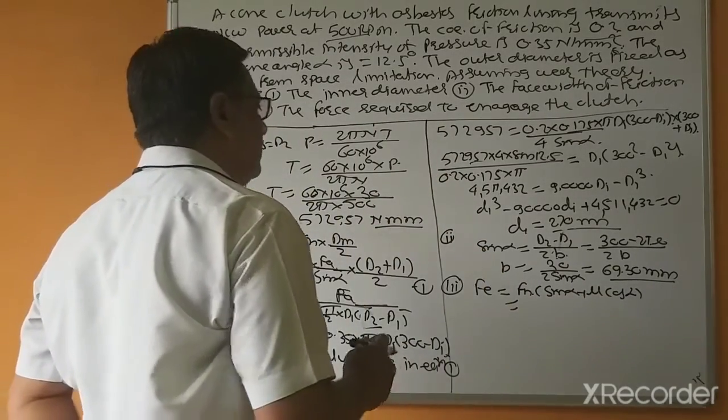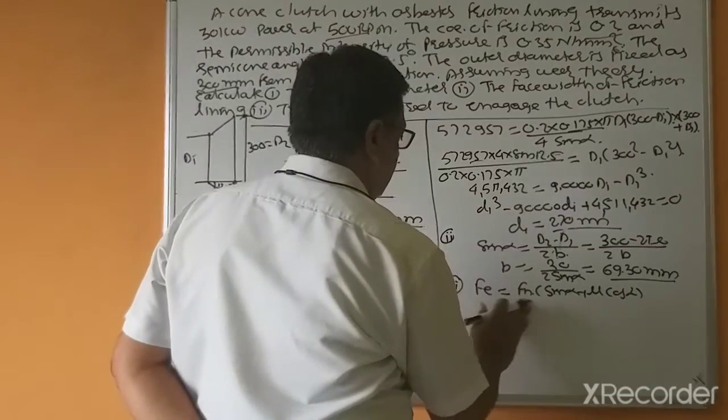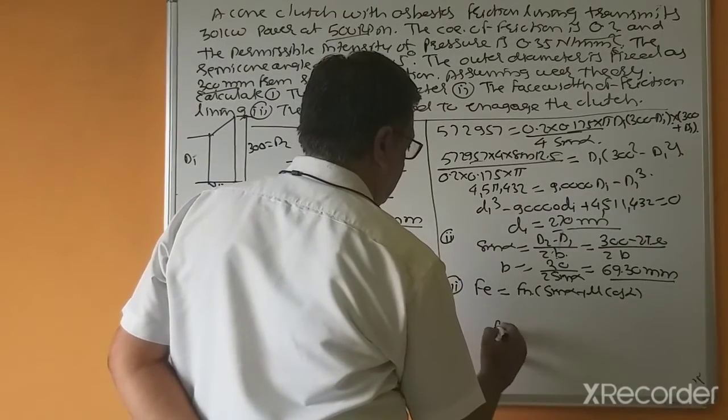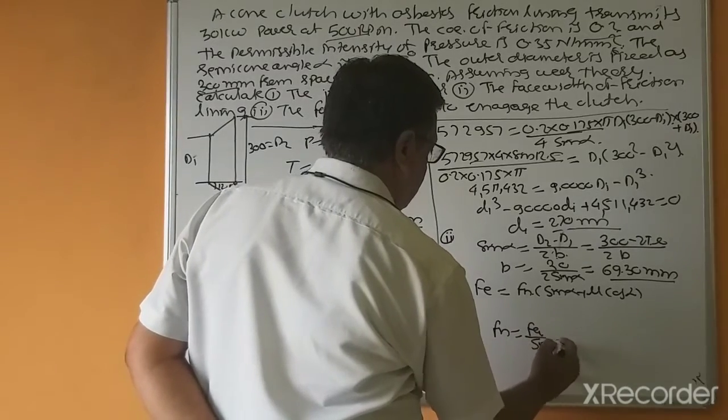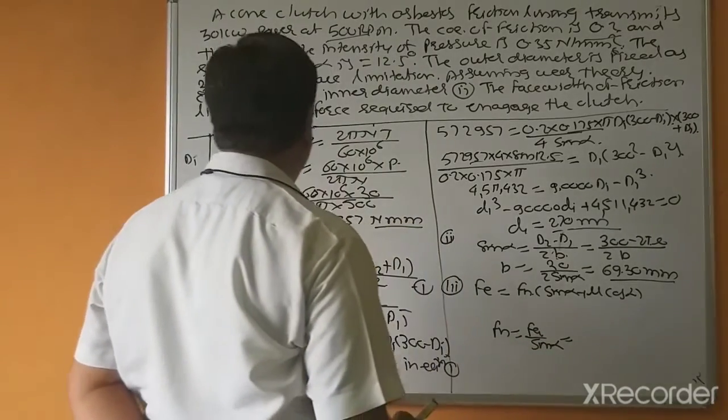So we require now Fn equal to Fa divided by sin alpha.